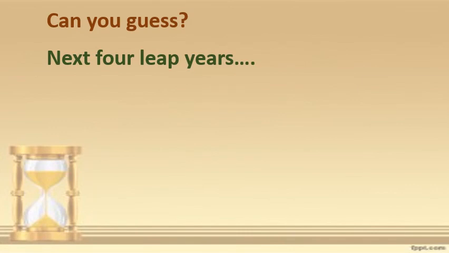Can you guess the next 4 leap years after 2020? Come on, tell me. Now this year, that is the running year 2020, is a leap year. We know that. Correct? Now comes the next leap year. Which one? 2021, 2022, 2023, 2024. Isn't it? Correct. After 2020, the next leap year is 2024.